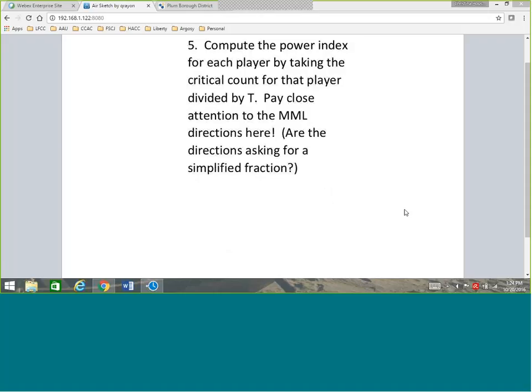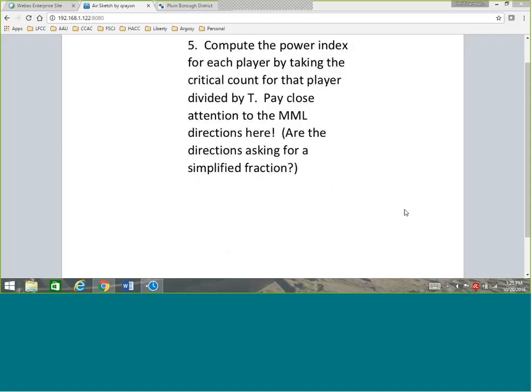Now, pay close attention to the MyMathLab directions because sometimes they're going to ask for a simplified fraction, and sometimes they may ask for a decimal. I don't know why, but it's not always consistent. So be very careful: if you look below the box on the screen, you will see the directions on how to enter the numbers.